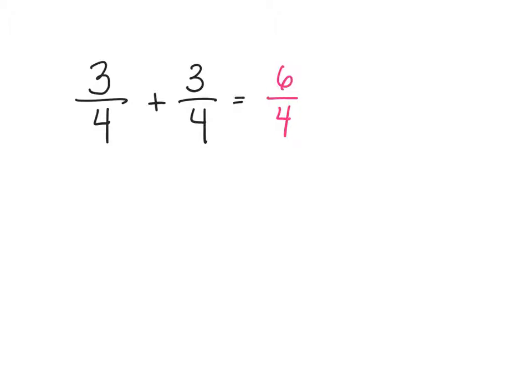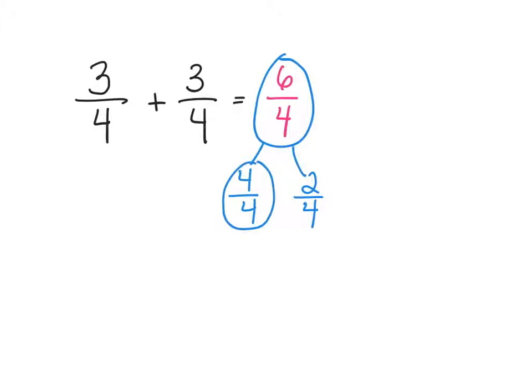So let's decompose it, and let's get a whole in there, which would be 4/4. And we are left with 2/4. Now let's put it back together. So we have 1 whole and a fraction of 2/4.